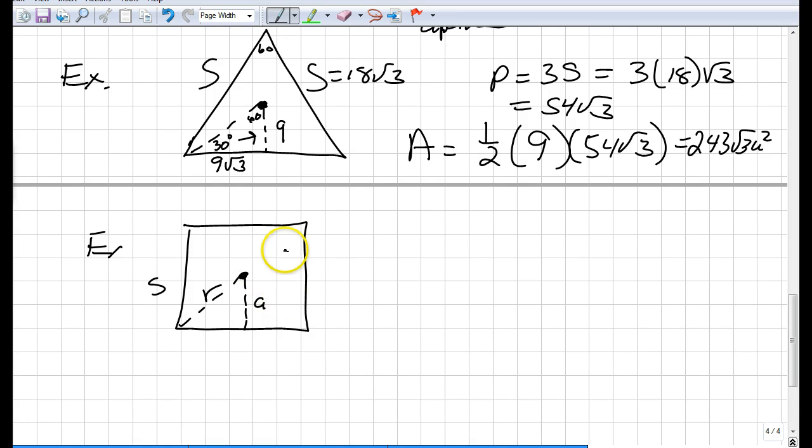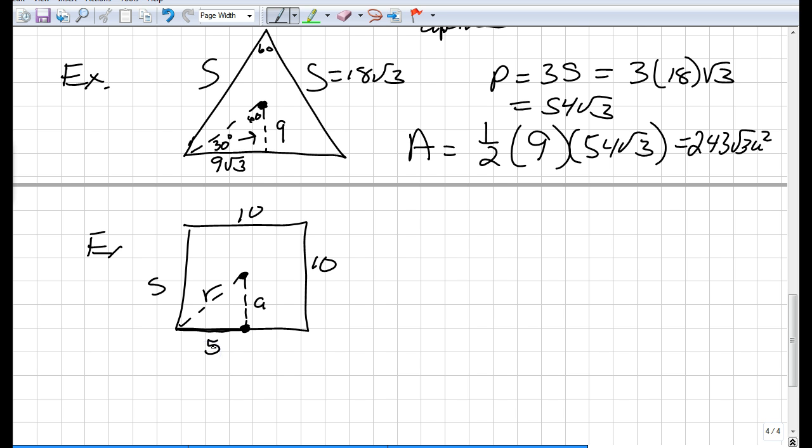So if the area is 100 units squared, okay, then each side has to be 10. Which means then that this segment right here has to be half of 10, or 5, right?